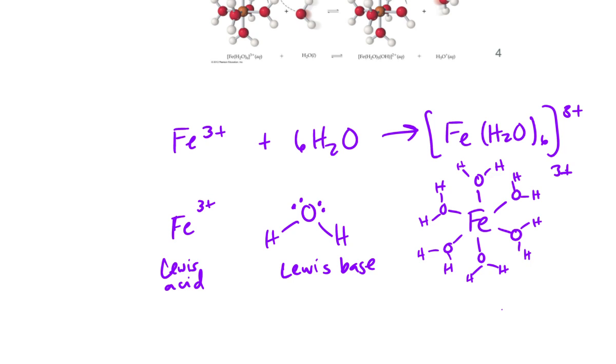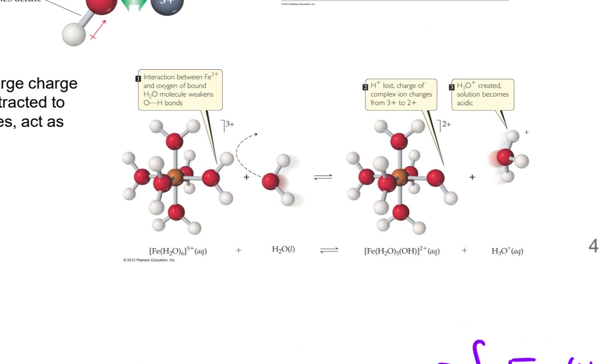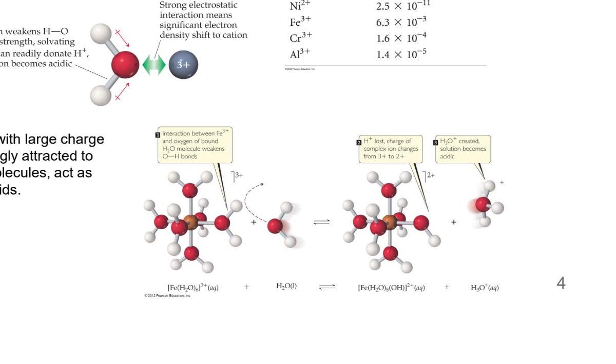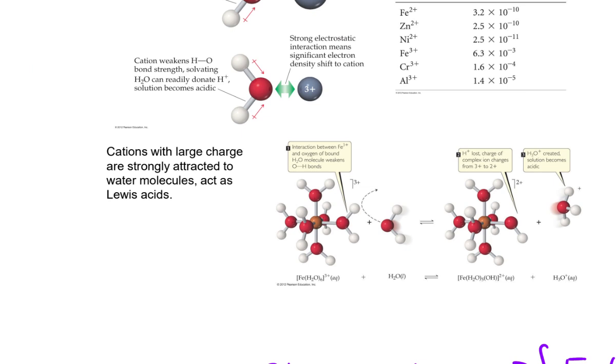And often you're going to see this type of reaction, the formation of a complex ion with some metal. That's typically what you're going to end up seeing. What else do I have on this slide? In general, cations with a charge, like a 3+ charge with the iron, are strongly attracted to water molecules, and they act as Lewis acids.